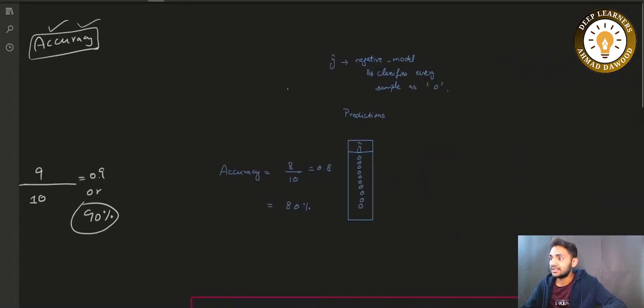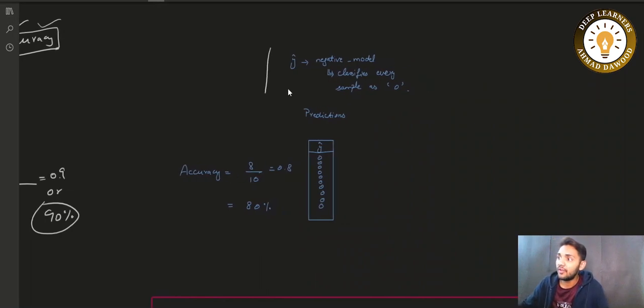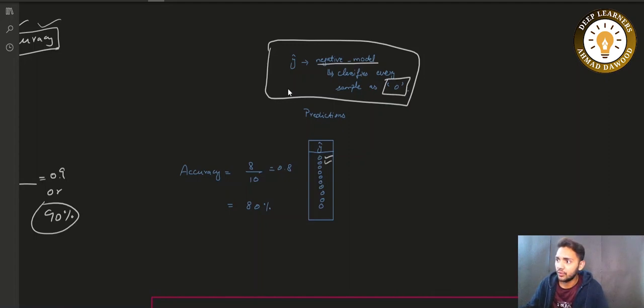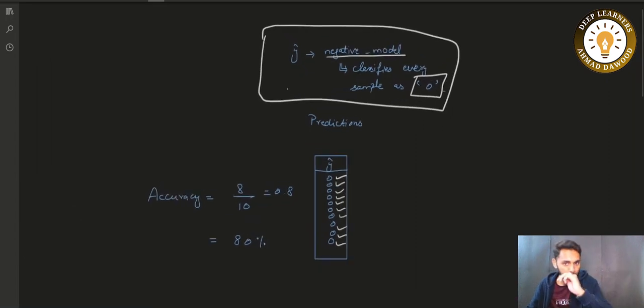First, we will discuss this case. Let's say we have a very dumb model that is just a negative model: any sample we pass to that model, it will classify as zero class. So all the predictions here, 1, 2, 3, 4, 5, 6, 7, 8, 9, 10, are classified as zeros.